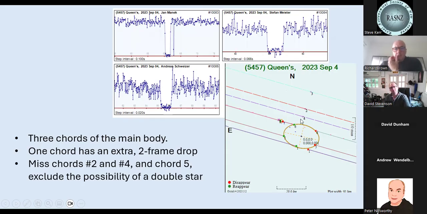So without those two missed observations, that was open to be a double star event, which you'd have to exclude just by the light curve drops. But because of those two missed chords there, they stop the second body from being up there, and those ones there stop you from fitting it down here. But missed chords can be quite important.